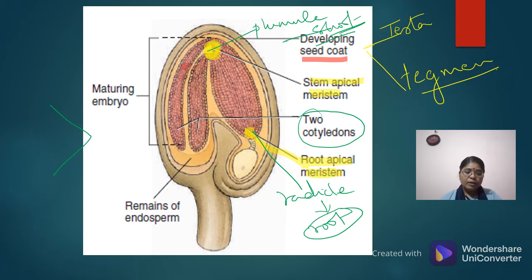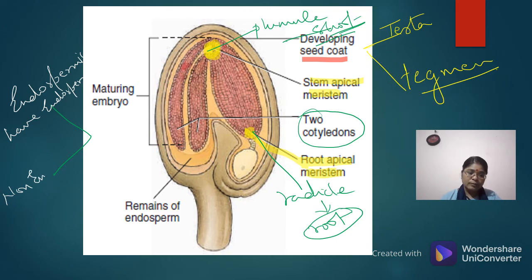Based on whether the endosperm is there or not, your seeds are divided into two types. What are they? They are endospermic seeds, which have endosperm, or we also call them albuminous seeds, and the other is non-endospermic seeds.